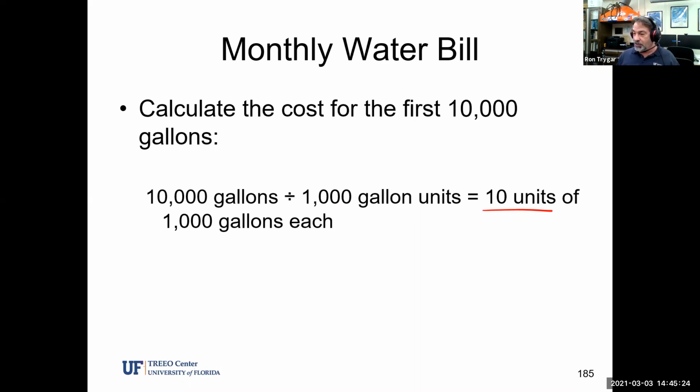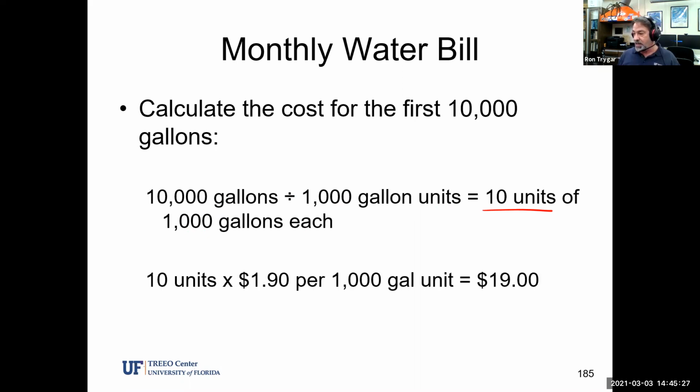We've got 10 of those units at 1,000 gallons apiece. Each unit costs $1.90. So now we multiply 10 units times $1.90, and we come out with $19. So it's $19 for 10,000 gallons.